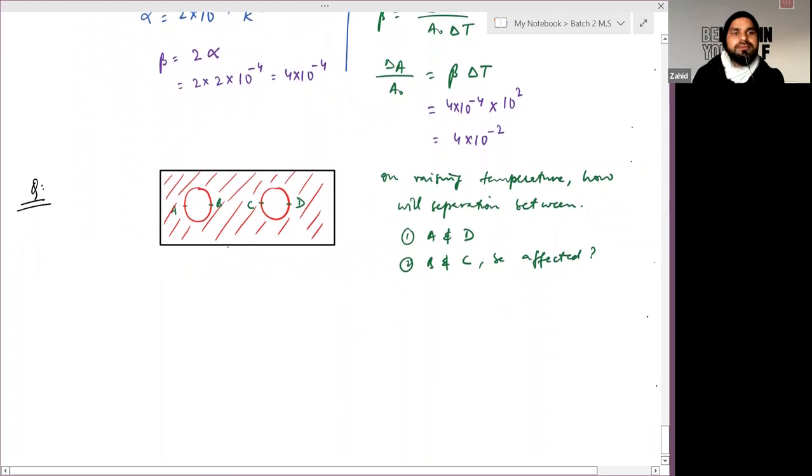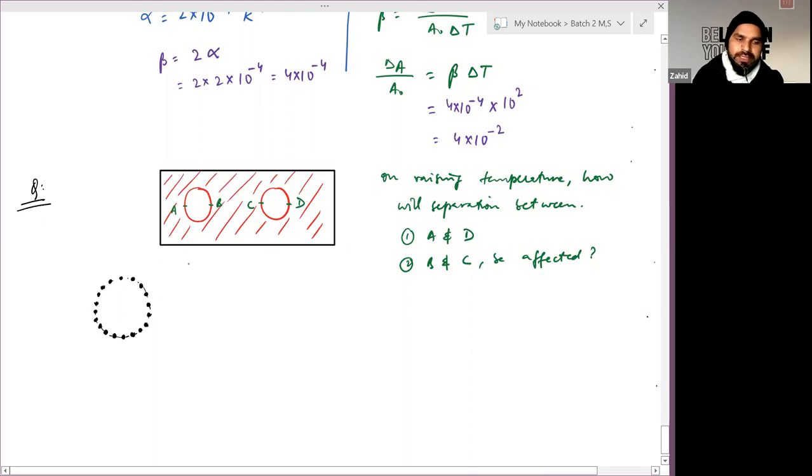Let me define. For this particular hole, initially, there will be a particle placed at the boundary of this hole like this. So on heating, there will be weakening of bond.